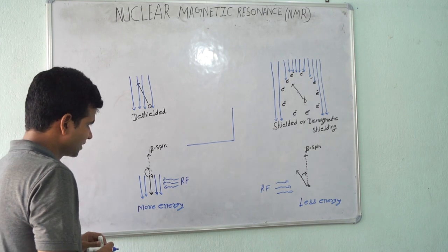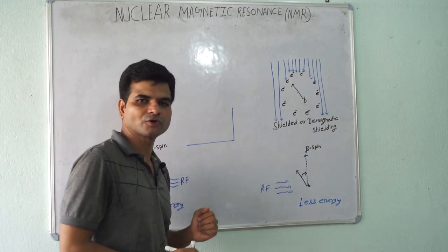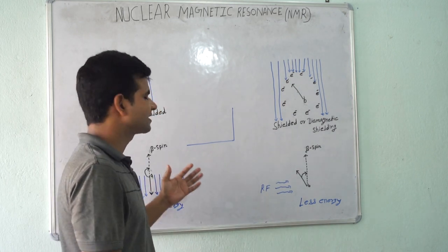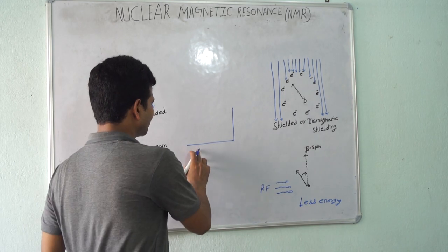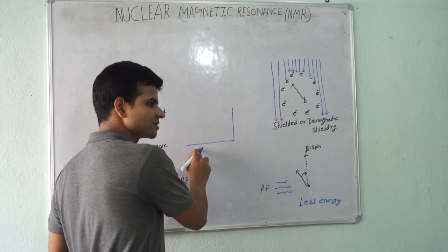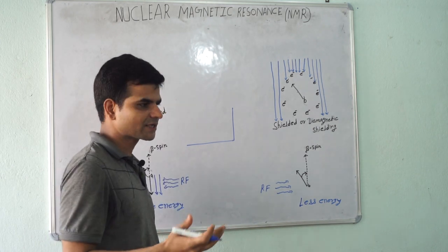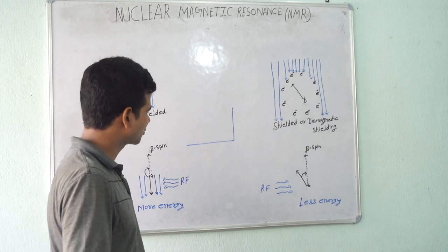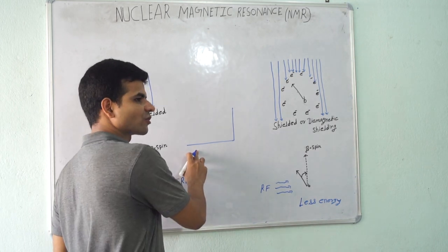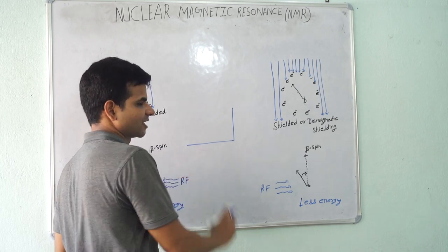Suppose you have a molecule and there are 3 types of hydrogen in this molecule, then on the NMR graph 3 peaks or signals are generated. If there are 4 types of hydrogen atoms in the molecule, then 4 peaks or signals are generated on the NMR graph.